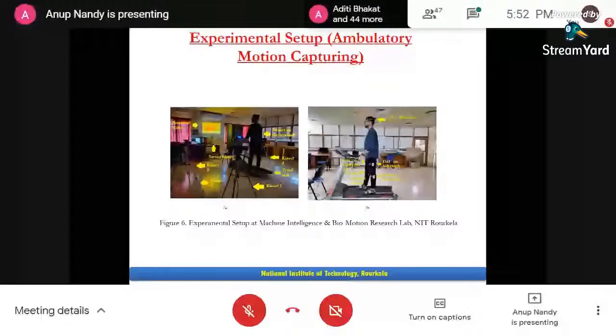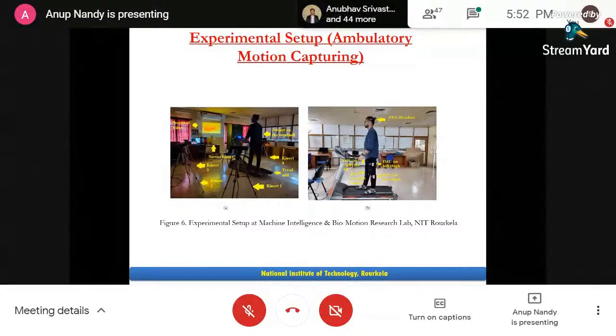It is about how we can monitor elderly people, because in the COVID time they were very frustrated and panicked about doing daily activities.